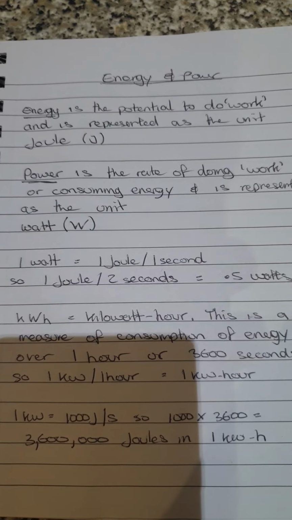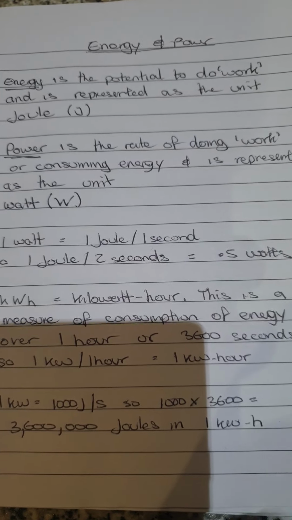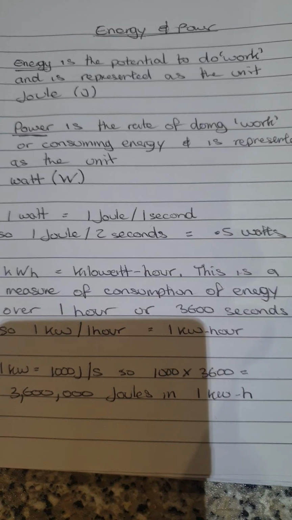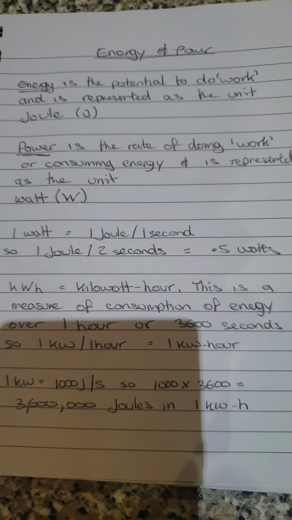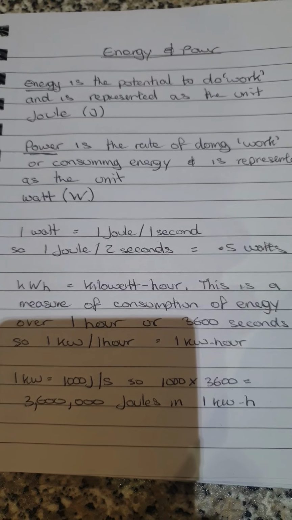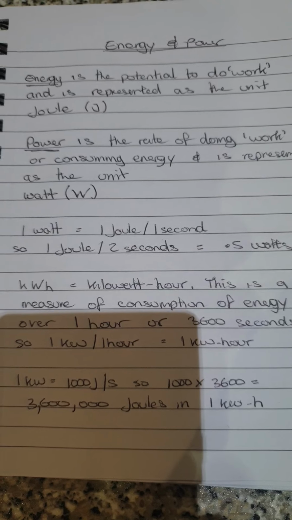So basically energy is the potential to do work and is represented as the unit joule, whereas power is the rate of doing work or consuming energy and is represented as the unit of a watt. Due to the fact it's the consumption of energy, we need time.